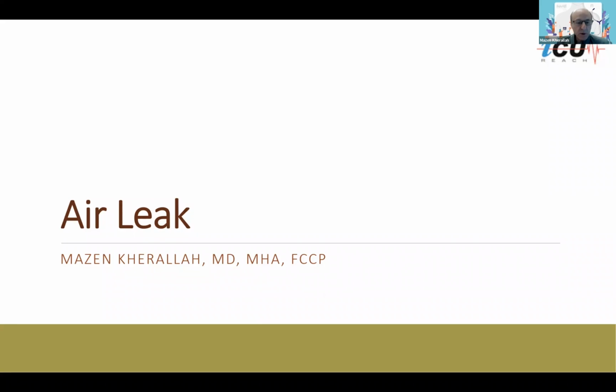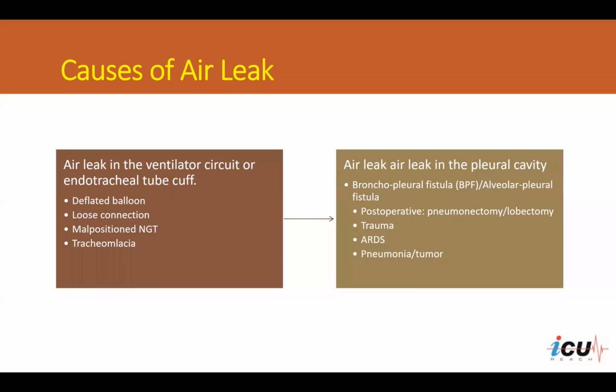And today we're going to be talking about air leak, how we detect it on the ventilator, and what we can do to improve it. As you're probably all aware, the causes of air leak would be either leaking air in the ventilator circuit or the endotracheal tube cuff.